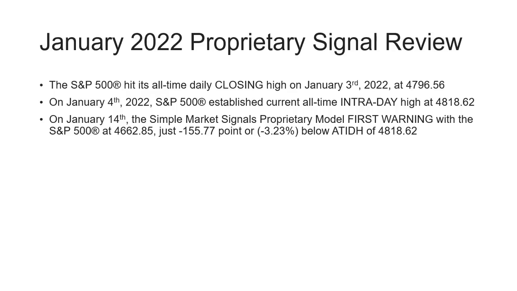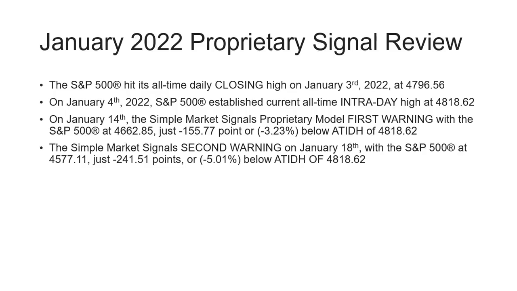And that came out just 155.77 points, or 3.23% below the all-time intraday high, the top tick ever, not the closing high, but the all-time ever intraday high. So just 3.23% below that all-time intraday high, we had our first warning from my proprietary model that things were starting to change, that we may want to take some profits, that we may want to reduce some risk.